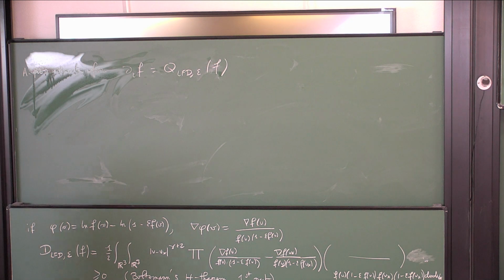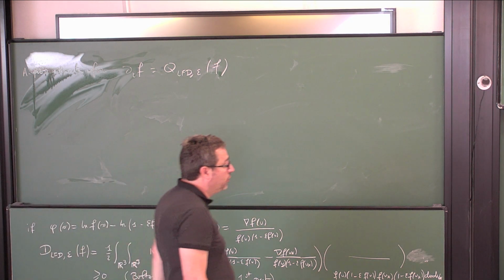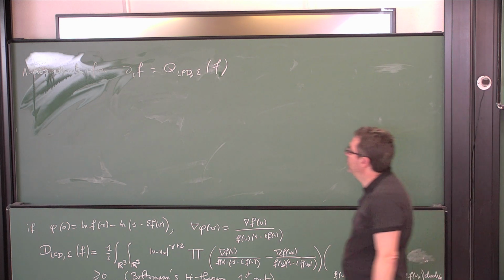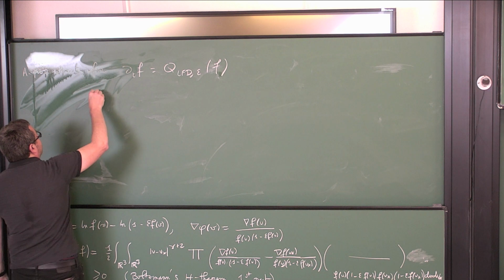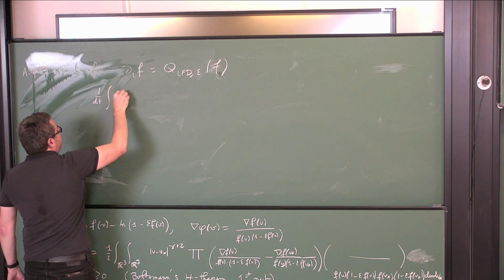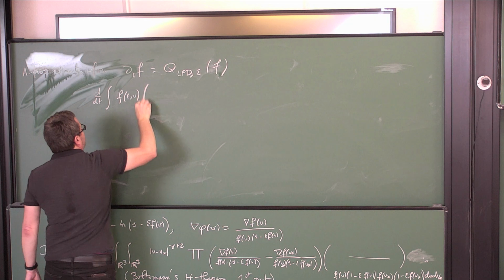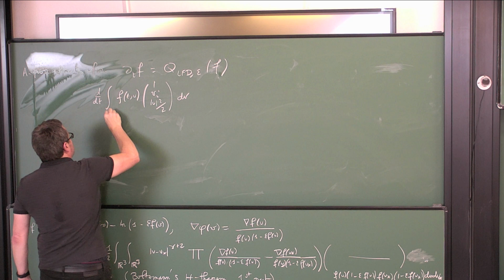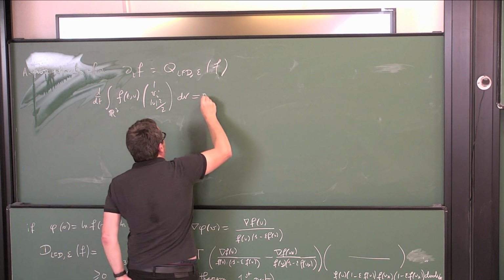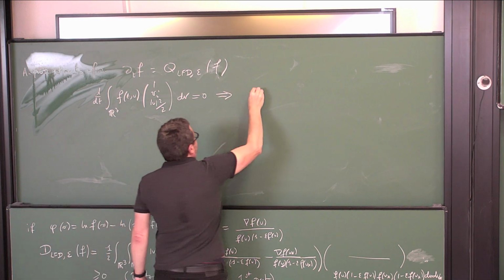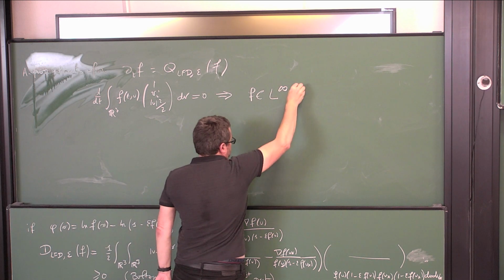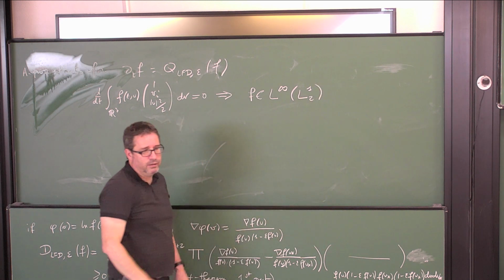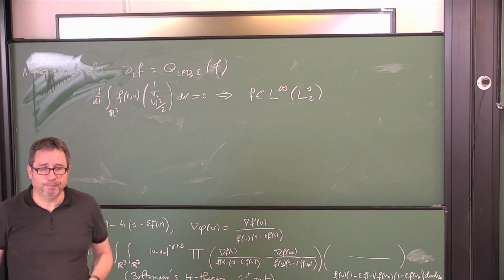So the first thing is that thanks to the conservation which is written at this level, you see that you naturally have that d over dt of the integral of f of t, v times 1, v_i, v squared over 2 dv is equal to 0, which tells you that f will be in L infinity L^1_2, L^1_2 being L^1 with 2 moments.